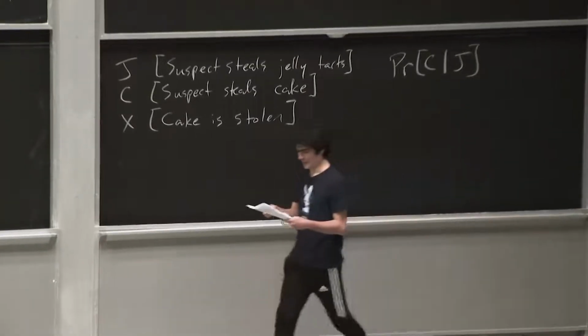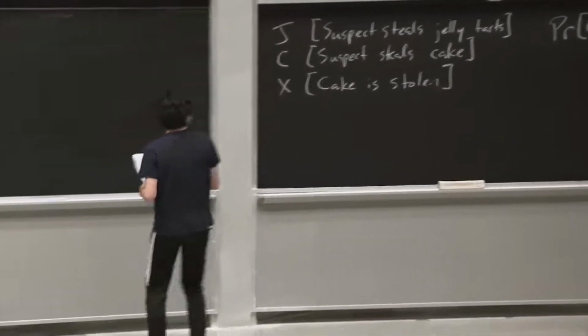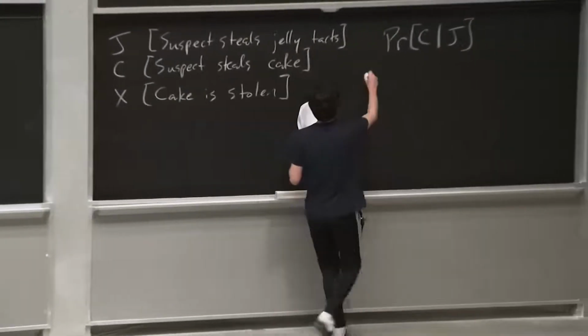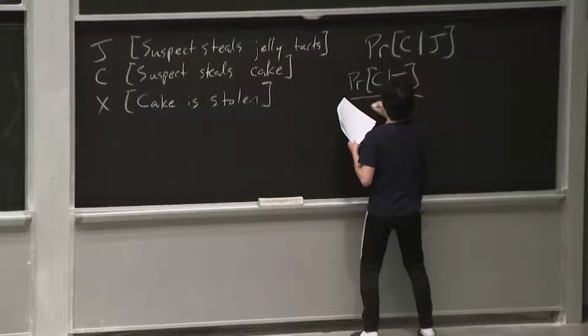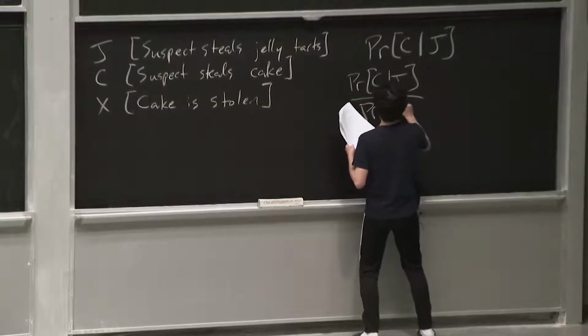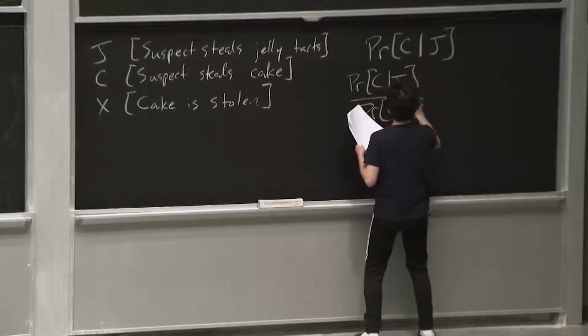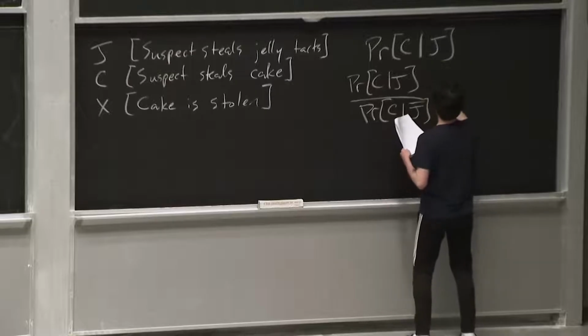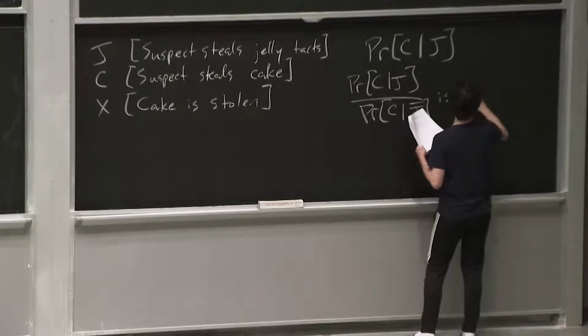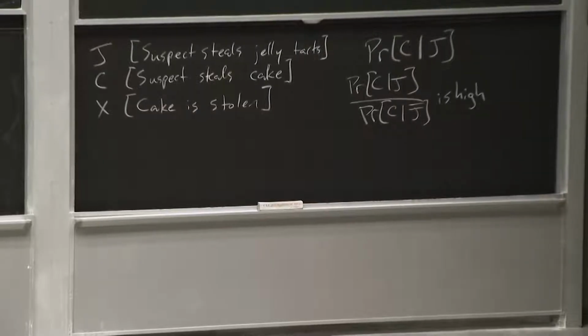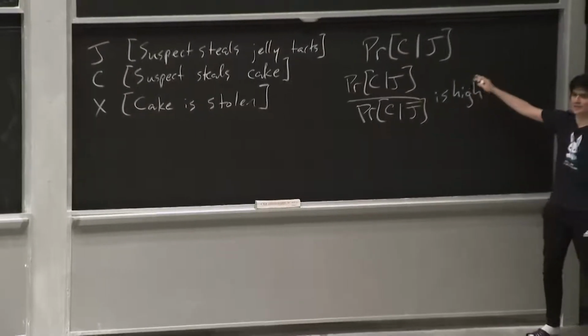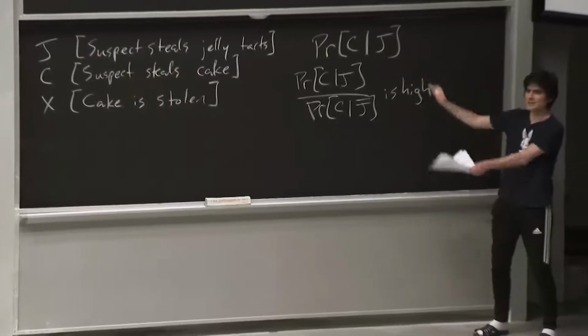Okay. So the baker is arguing that the probability of C given J divided by the probability of C given not J is high, right? So because this is about 10, J is very relevant to the case, so should be admitted.